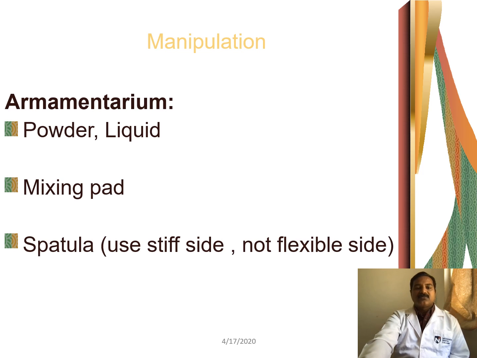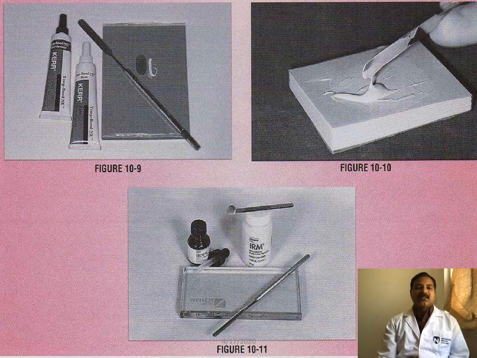When you come to the manipulation, you have powder and liquid. You need a mixing pad and a spatula. It is dispensed in a two-phase system, and then you have powder liquid system also. You take equal quantities of powder and liquid, and then you use a stainless steel spatula.